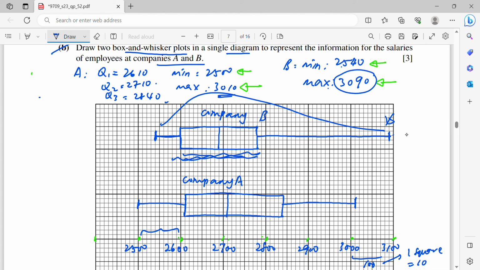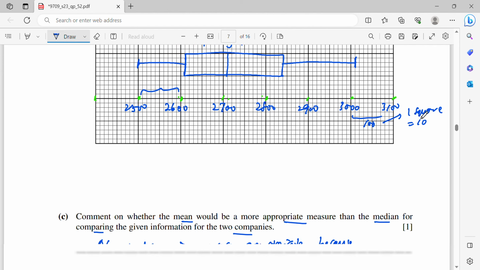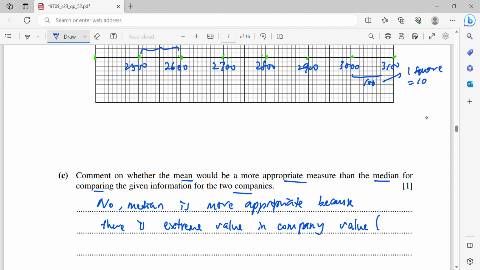Maximum is too far away from the rest of them. So 3090. Or you can say that the distribution is skewed.